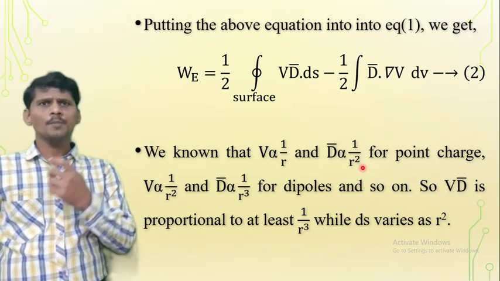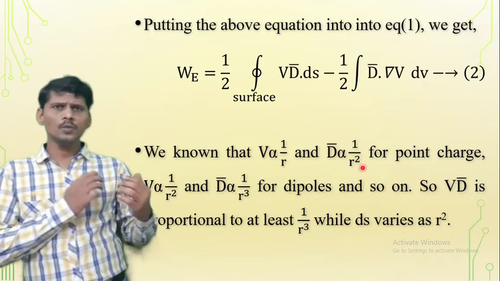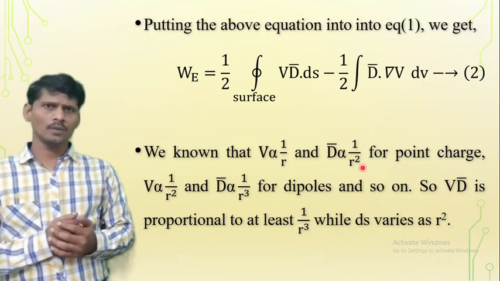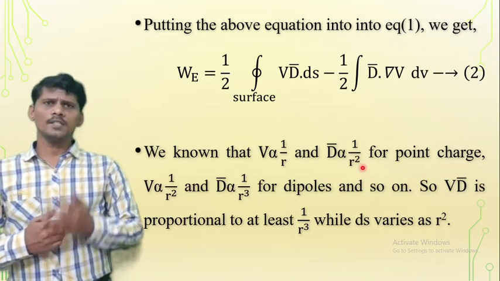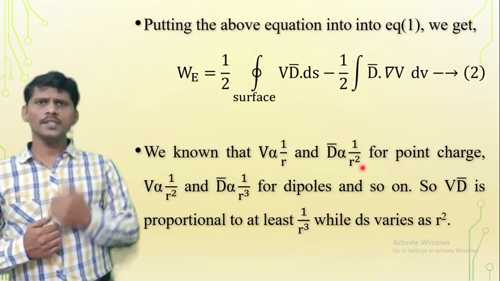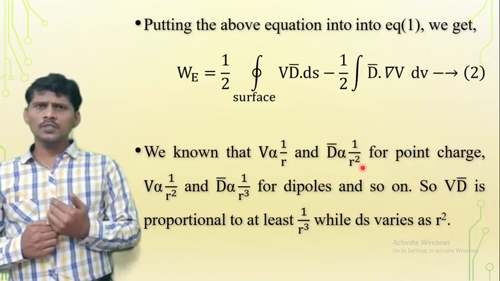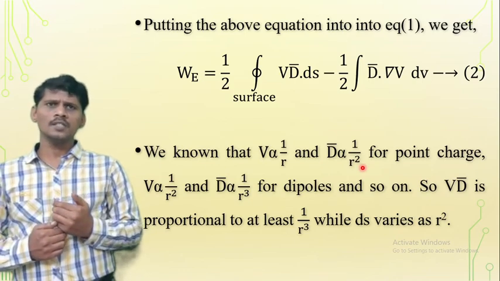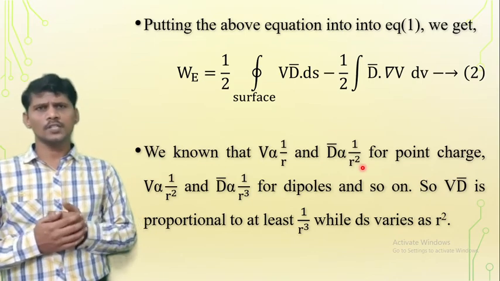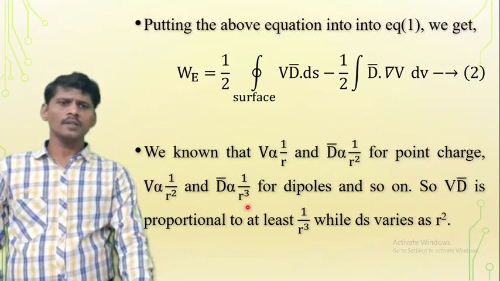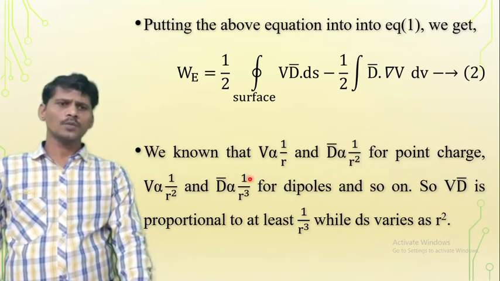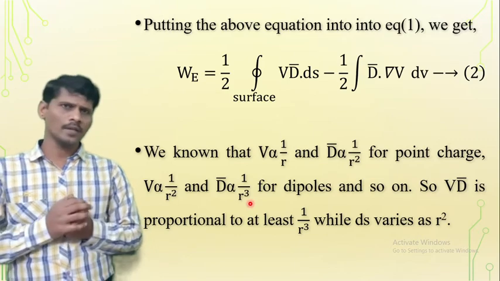An arrangement of two point charges is called a dipole. In the case of dipoles, the electric potential is inversely proportional to the square of the distance, and electric field intensity and electric flux density are inversely proportional to the cube of the distance. So V is directly proportional to 1 by R square and flux density is directly proportional to 1 by R cube for the dipole case.